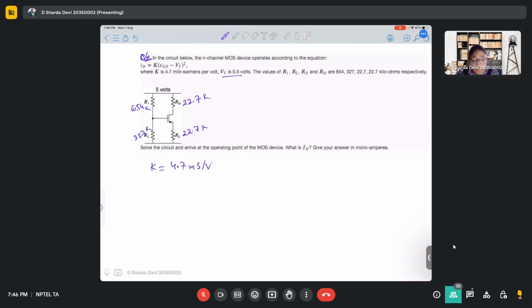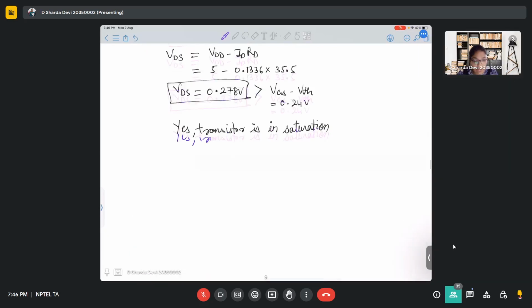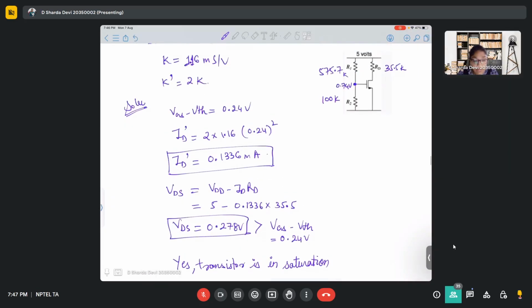Is it in saturation now? You have written that the transistor is in saturation only once, at the midpoint. How is it in saturation? The transistor is in saturation, right?